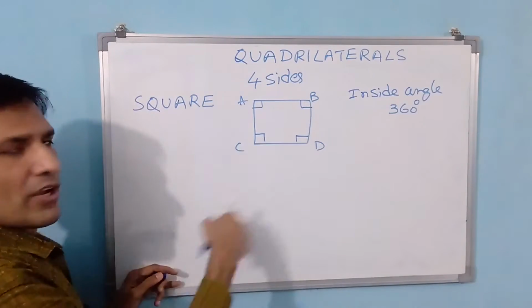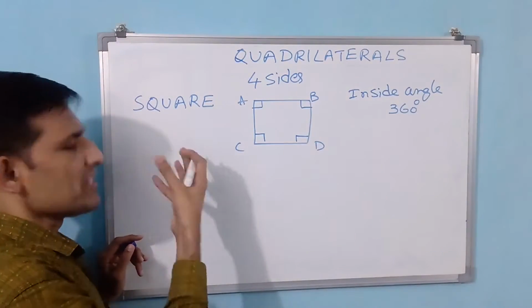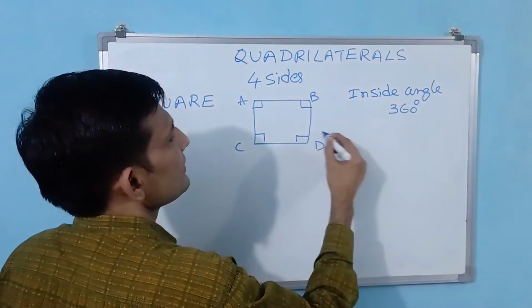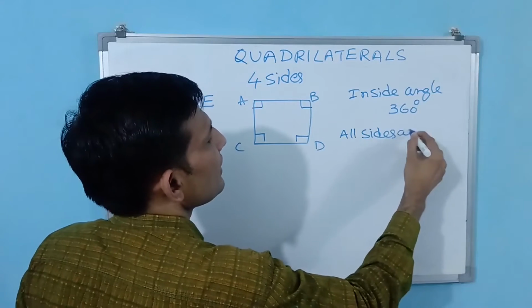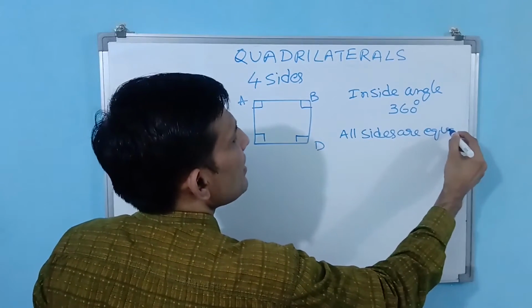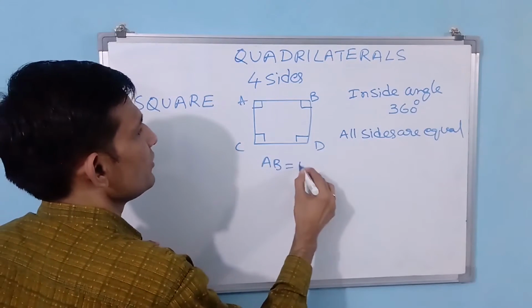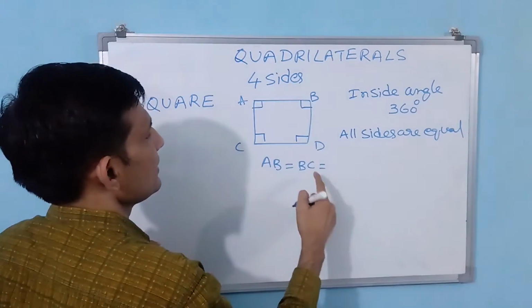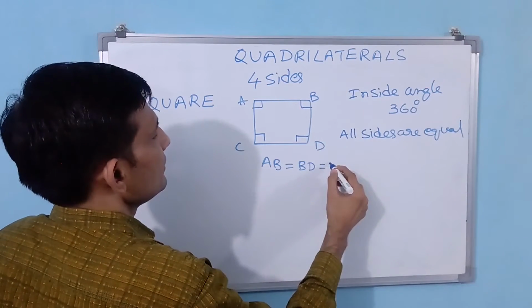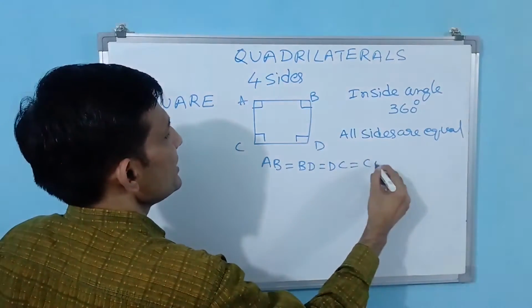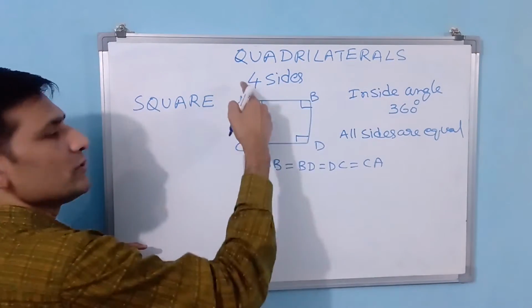Basic. In a square, how are we going to describe a square? Square means all sides are equal. That means here AB is equal to BD is equal to DC is equal to CA.